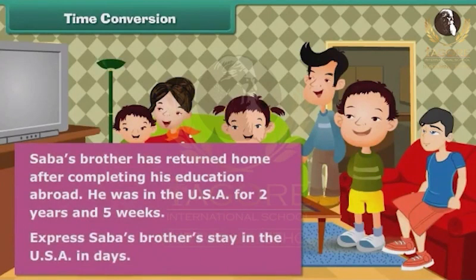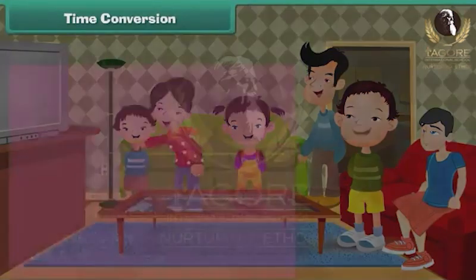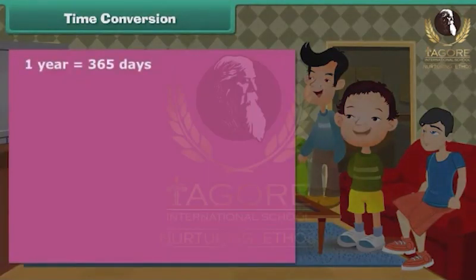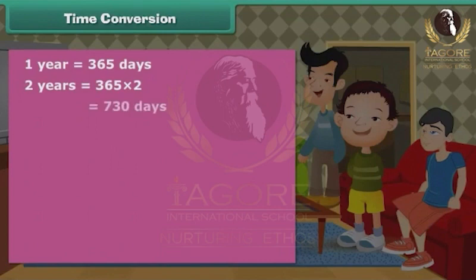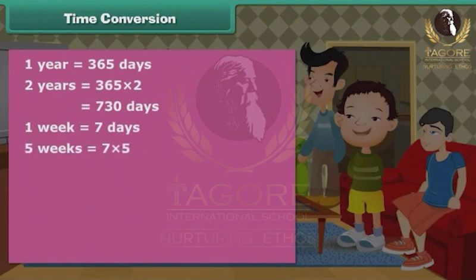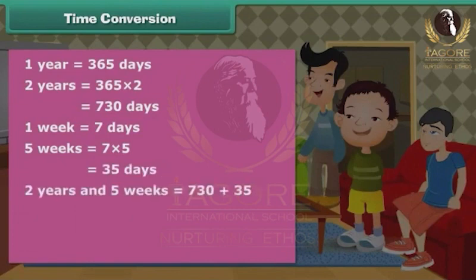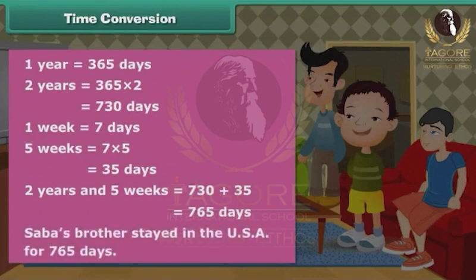Express Saba's brother's stay in the USA in days. 1 year is equal to 365 days. 2 years is equal to 365 into 2, which is equal to 730 days. 1 week is equal to 7 days. 5 weeks is equal to 7 into 5, which is equal to 35 days. 2 years and 5 weeks is equal to 730 plus 35, which is equal to 765 days. Saba's brother stayed in the USA for 765 days.